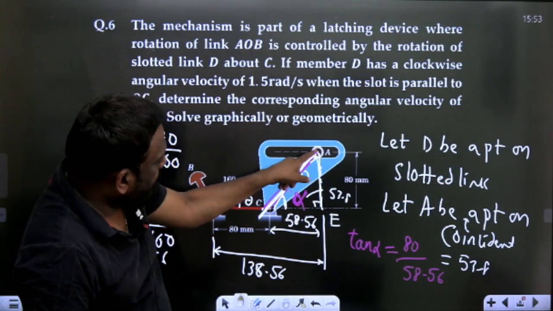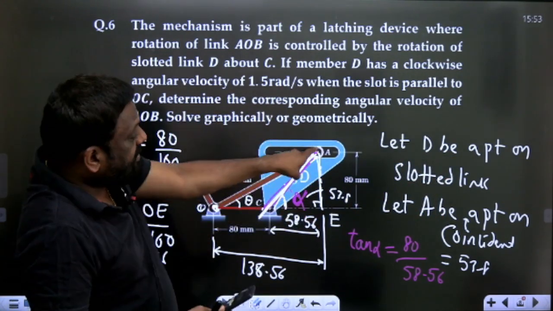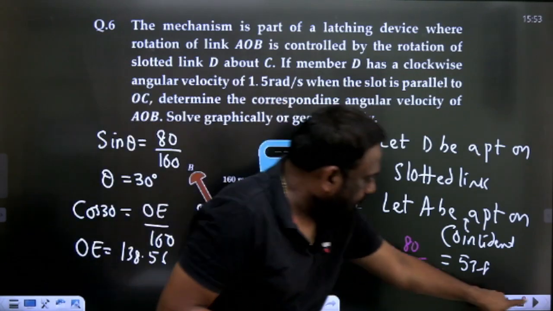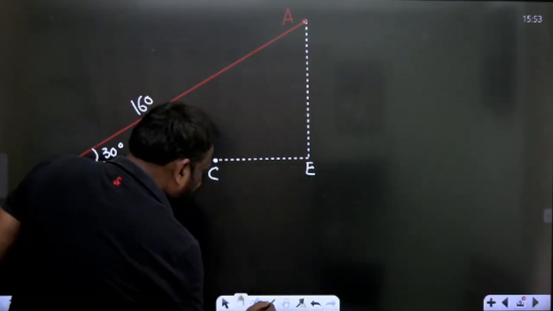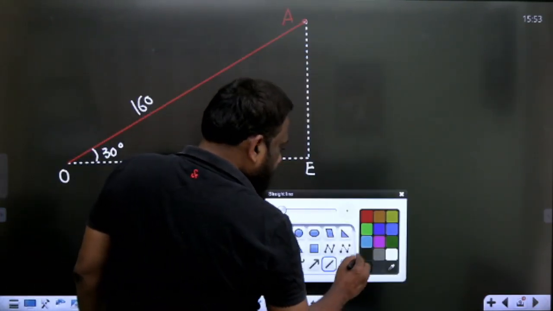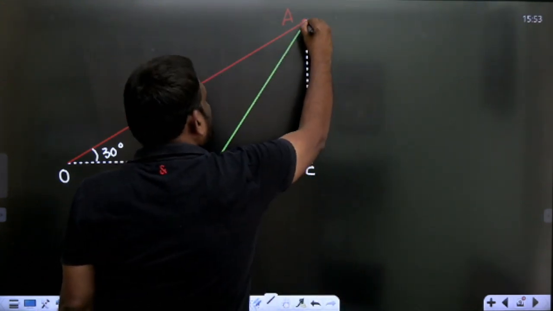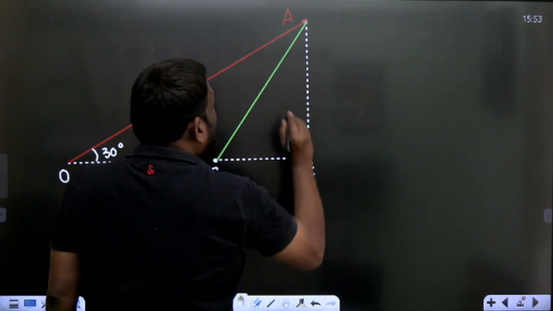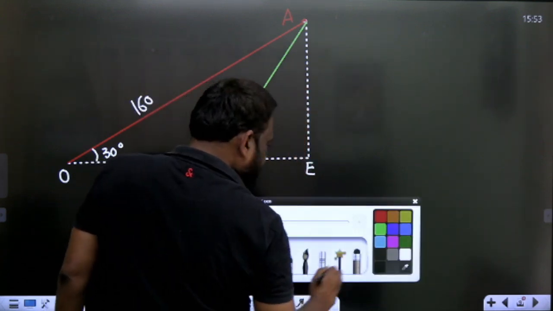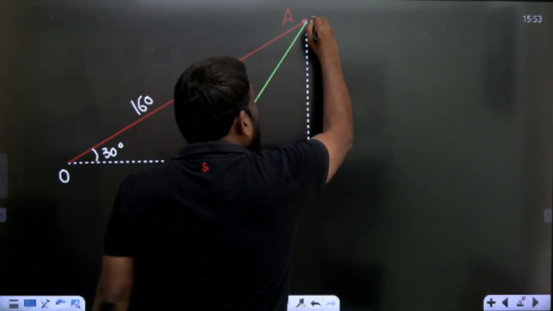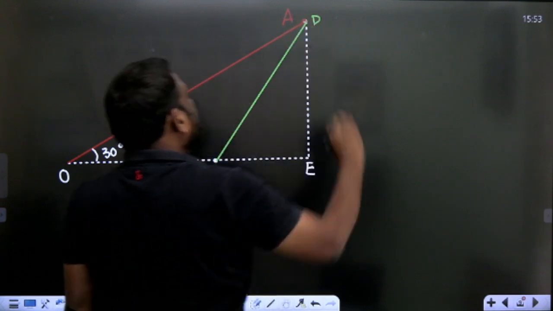So A is on this red link, D is the coincident point on this blue link. So therefore D. Now which color should I take, sir? I think green is good. Already we have calculated. Now I will call the green one D.